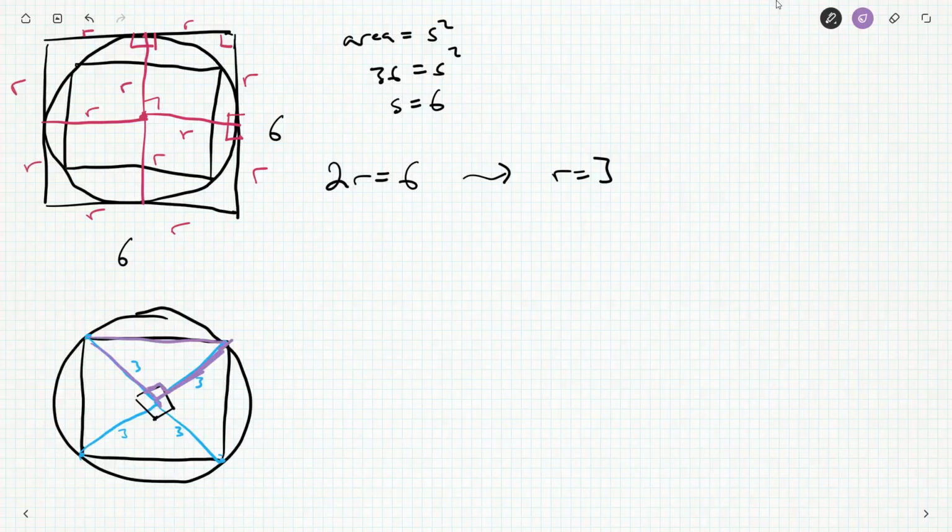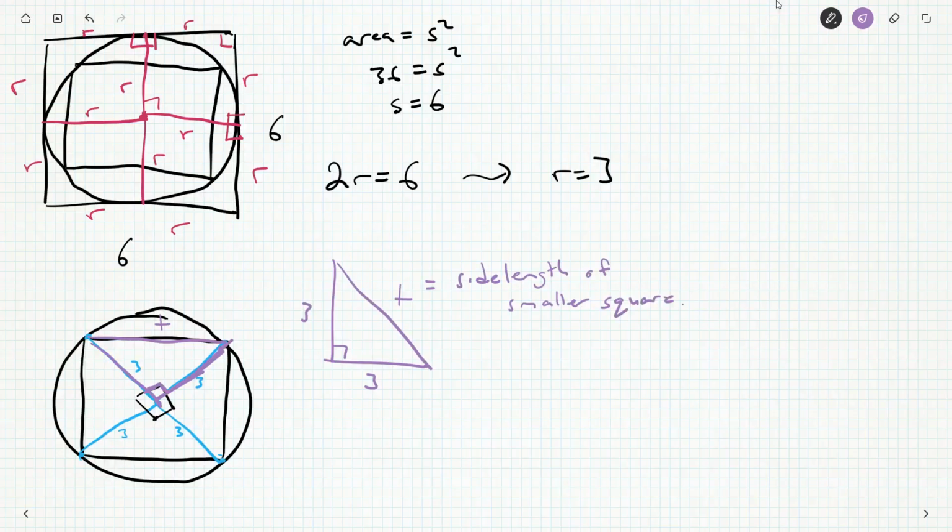I've got a right angle triangle, with 3 and 3. So by Pythagoras, I could work out the side length, maybe we'll call it t, of the smaller square.